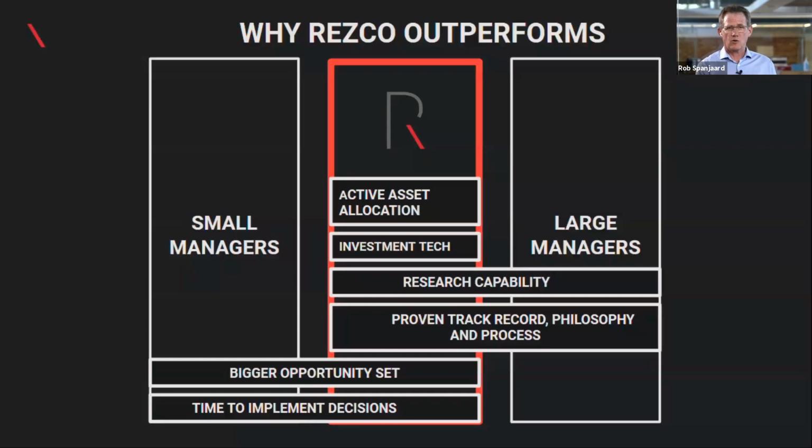But obviously what really small managers lack, they don't have that research team. You've got to have a decent-sized research team, particularly in South Africa. We're finding you have to be doing your own basic research. You can't rely on the sell side research like you used to be able to do 10 years ago. So you've got that research capability. And then the point under that, you need a proven track record. Does your philosophy and process work over time?